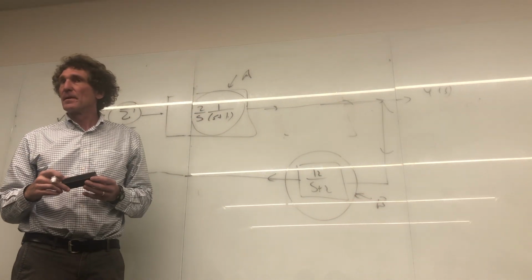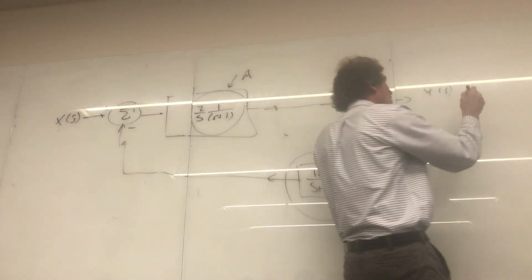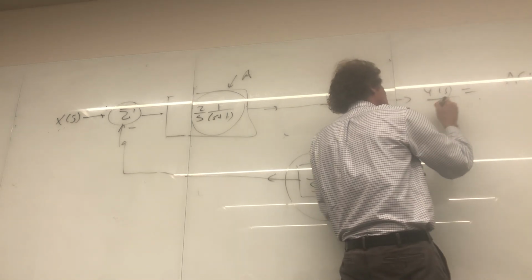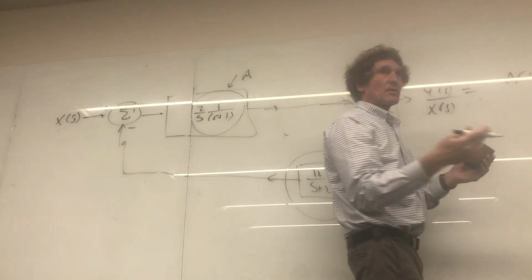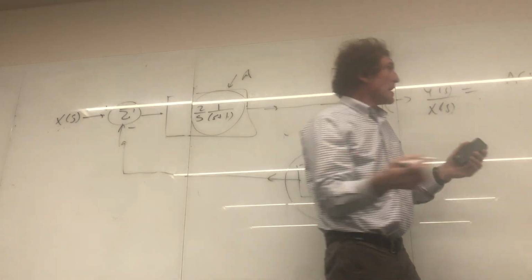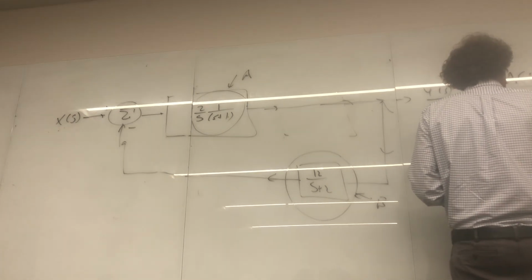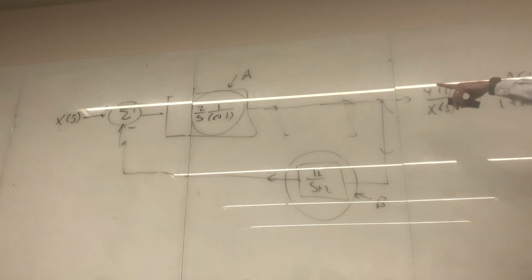And now, when I worked through that problem, I said the output was going to be A of s, or I should say H of s. This is going to be the overall gain, the transfer function: A of s over 1 plus A of s times beta of s. Let's do the math on this. A of s for this one is 2 over s times 1 over s plus 1.